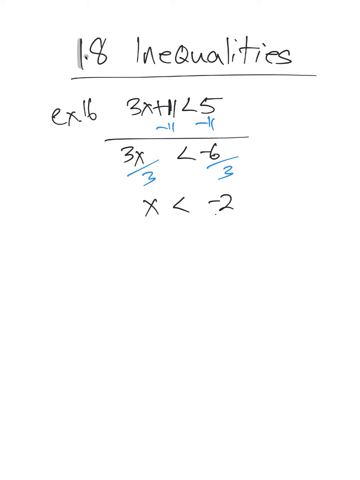Okay, so now what I want you to do is graph this on a number line. Do you remember how to do that? How do we do that? Talk to me as you're writing. You said, yep, it'll be an open circle because there's no equal sign.